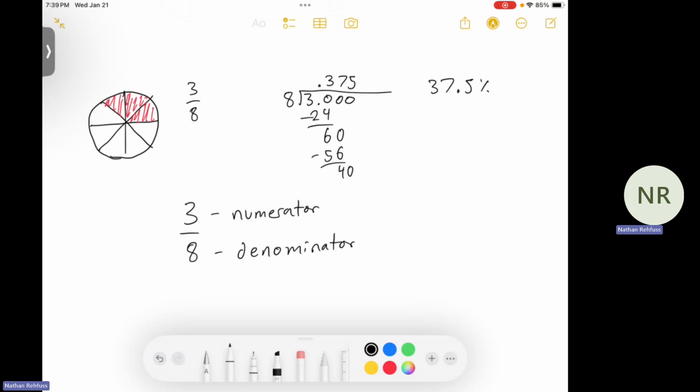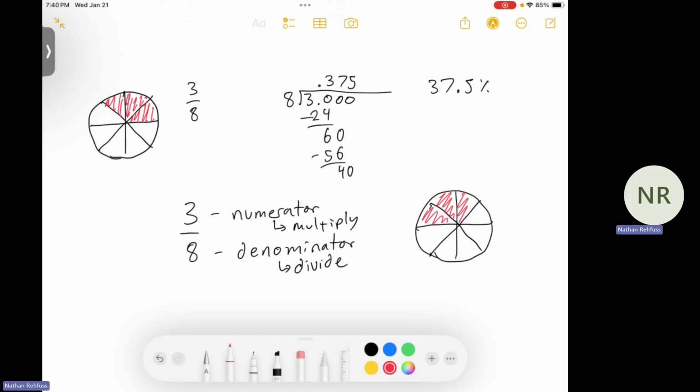In essence, we're taking a whole, dividing it into 8 parts. So here's one of those 8 parts. And then we're going to multiply one of those parts by 3. So go from 1 part to 3 parts. And there you've got 3/8. So the numerator is multiplying and the denominator is dividing.